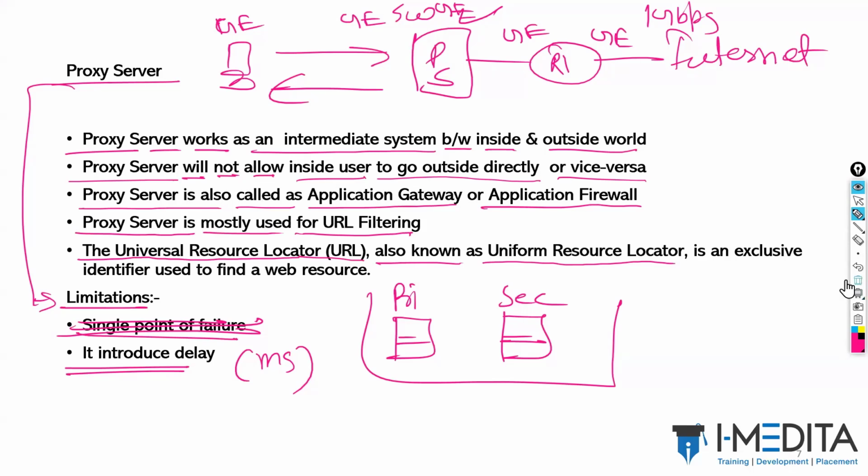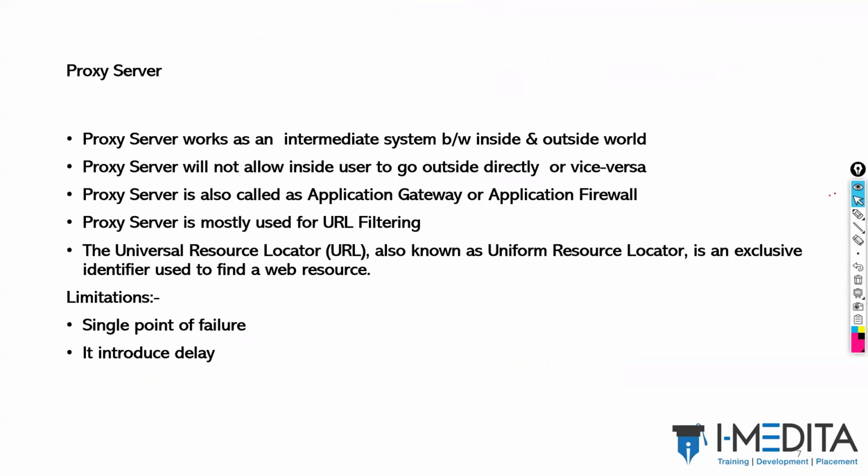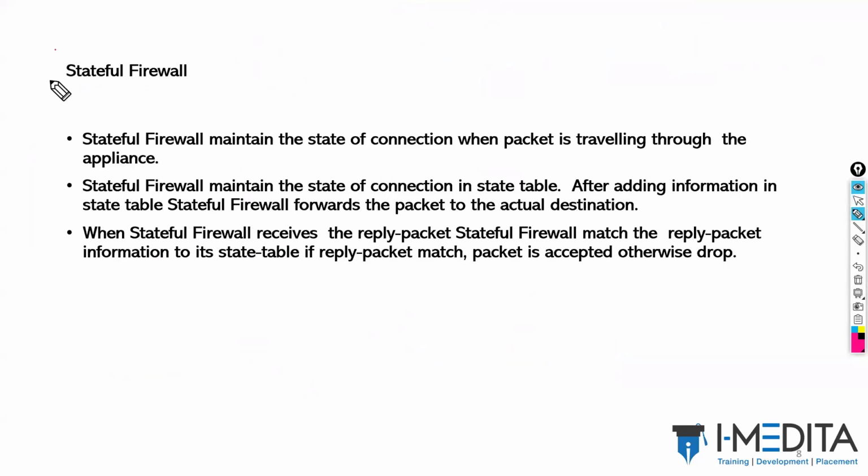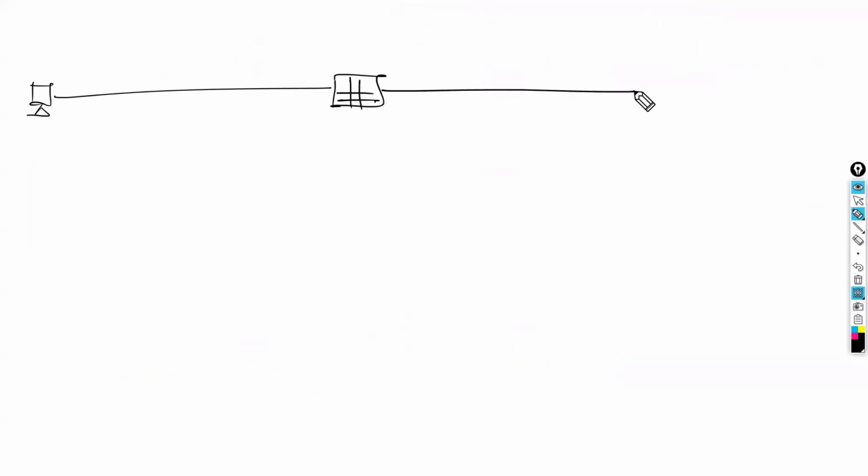Got it? So this was something about proxy server. Next is stateful firewall. To understand it, we will go through a diagram. So the diagram is in front of you. We have a PC. The PC is connected with a stateful firewall, and the stateful firewall is connected with an outside server.